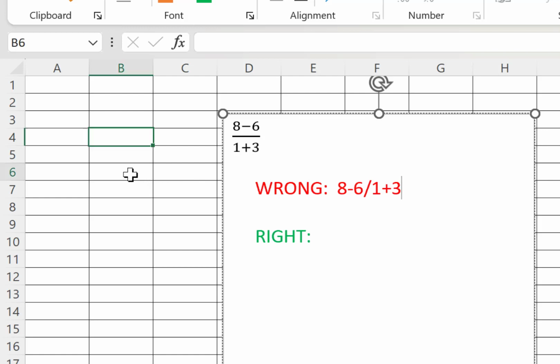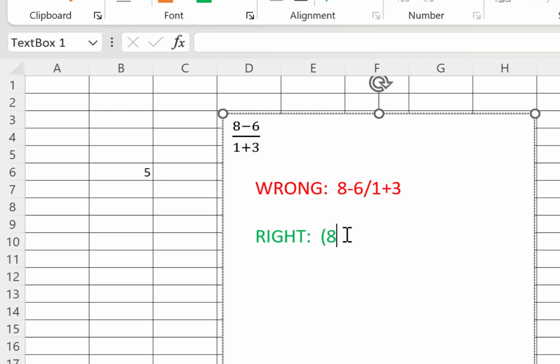So if I went over to Excel and I typed equals exactly that, 8 minus 6 divided by 1 plus 3, it's going to give me an answer of 5, which is incorrect. We want the calculation to divide the number 8 minus 6, which is 2.